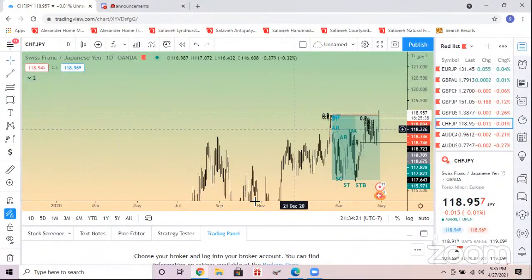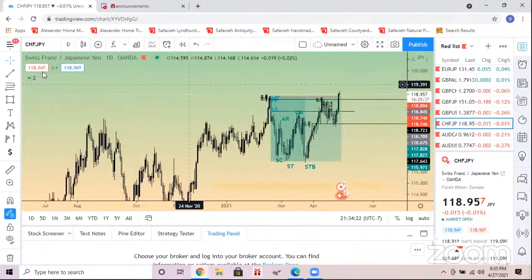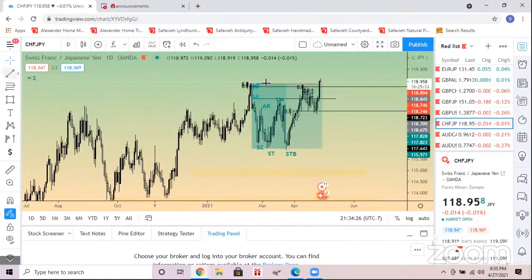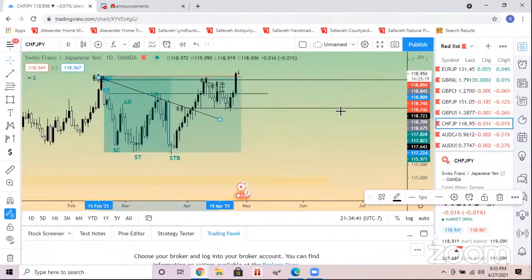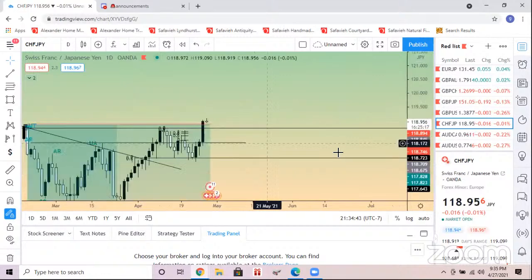So we got our distribution right here. And then we built a creek. Unfortunately, we're not able to come down into this area. And it looks like we broke structure finally yesterday. And so that's confirming our reaccumulation.